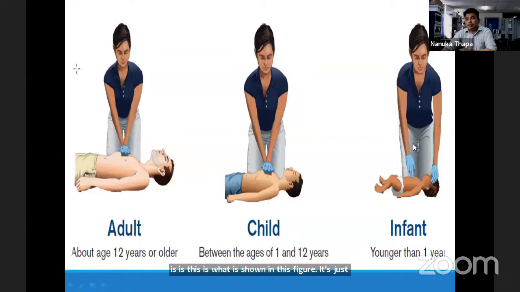As we can see, the rescuer is using the 2 finger technique; we can also use the 2 thumb technique. In an infant, if the rescuer is very young or is not able to encircle the baby's chest appropriately, then he or she may also use the 1 hand technique for giving chest compressions.